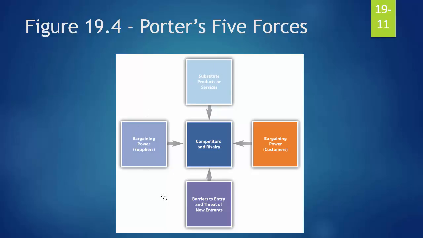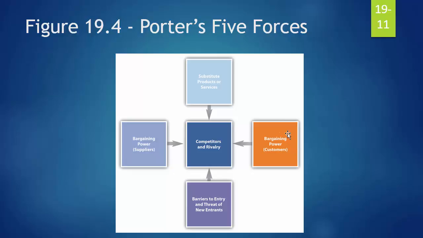So you look at these different things within your industry, and you ask yourself, if this is a high threat, then that means that you're not going to be able to charge a high price. That is, the economic value of whatever you're trying to sell is going to be lower than what you normally would get because of these threats. So let me explain.